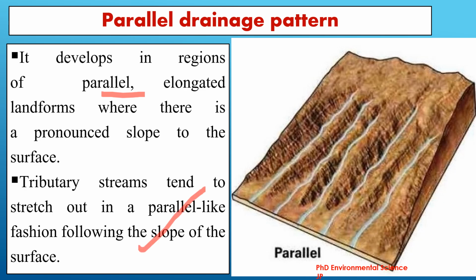The presence of a strong, consistent slope influences the direction of water flow, causing streams and rivers to align parallel to one another. It develops in regions with parallel landforms such as ridges, valleys, or elongated hillocks. The topography and geological structure of the region lead to the development of this pattern.